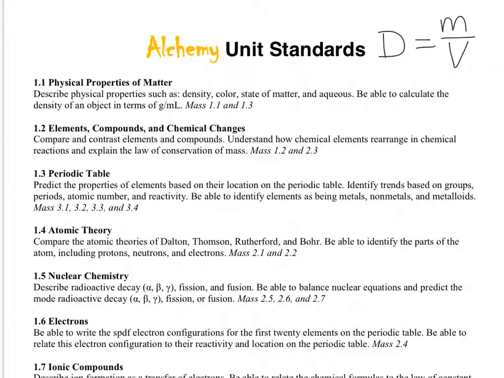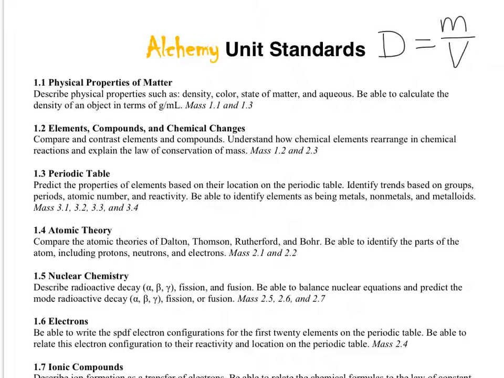Other parts that we want to be able to identify are: what is a group, what is a period, what is the atomic number, and how reactive is that element going to be. We also want to identify our metals, our nonmetals, and our metalloids. The periodic table is something we're going to definitely work with a lot over the course of the year, but those are the things I want you to be familiar with now.